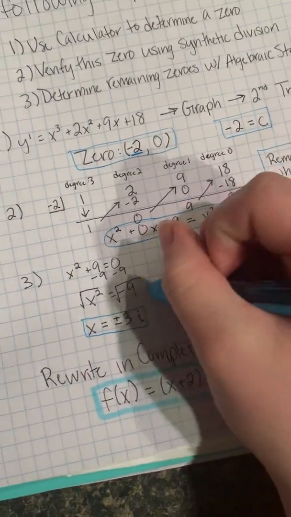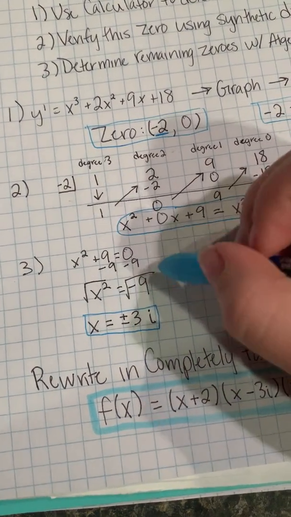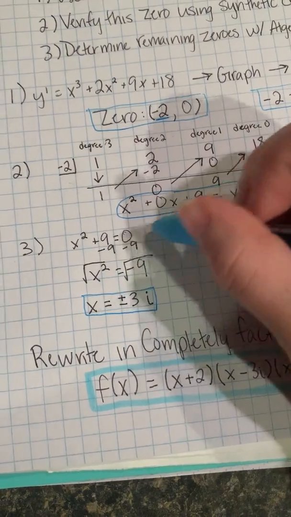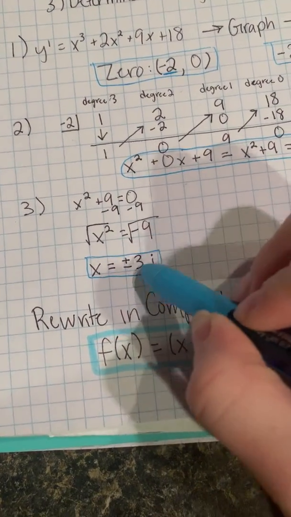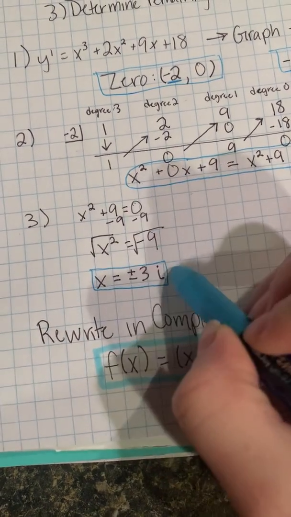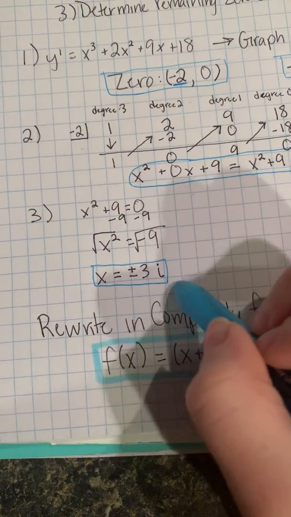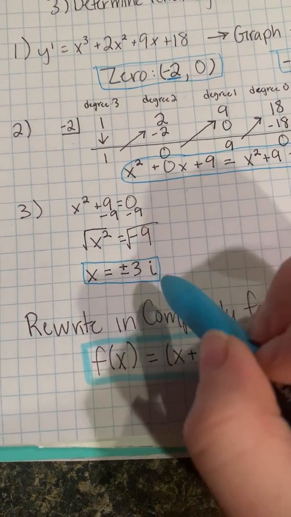When you're square rooting a negative, you should notice that the i is going to pop out of the equation, so you'll pull an i out from the square root and then square root the number. So we have our i here. The square root of 9 is 3. Because we took the square root, you want to do a positive or negative here. And these, the negative 3i and the positive 3i, those are our zeros.